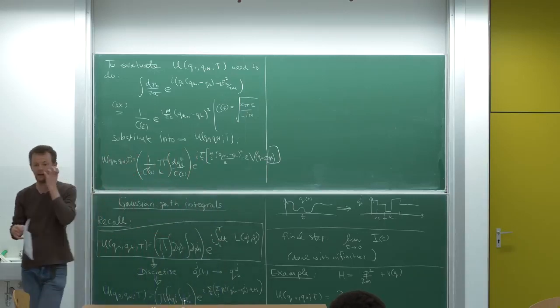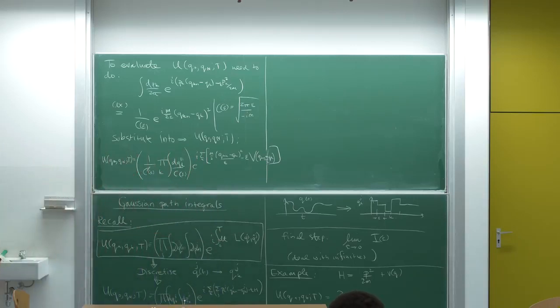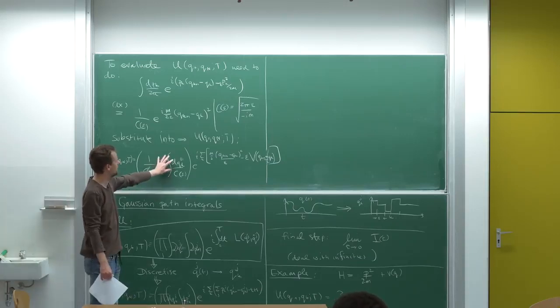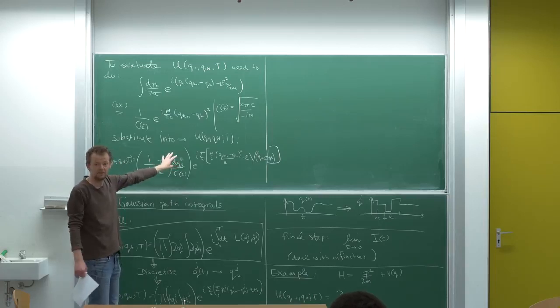Right? That's the answer we get when we substitute in our Gaussian completion of the square integral. And that's where we're going to stop for now.